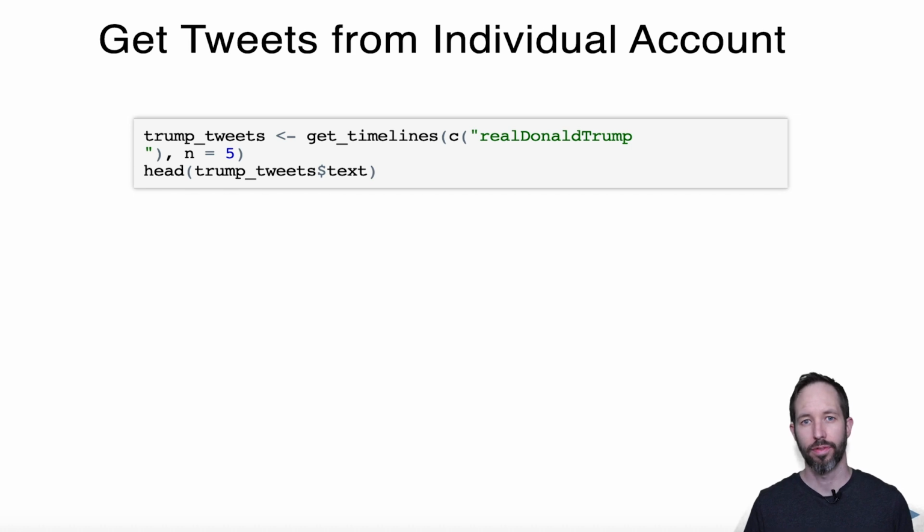So thus far, we've been focusing on searching for an individual search term, or maybe you want to track a hashtag, and we're looking at a sample of all of Twitter. An arguably more effective way to utilize Twitter's API is to come up with a list of users that you want to track. So maybe you want to track all members of the US Senate and see what they are tweeting about.